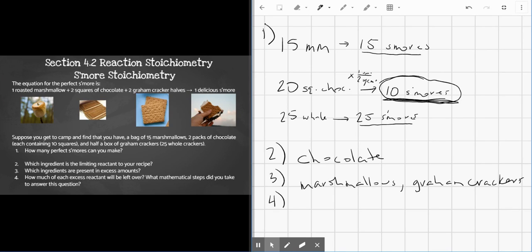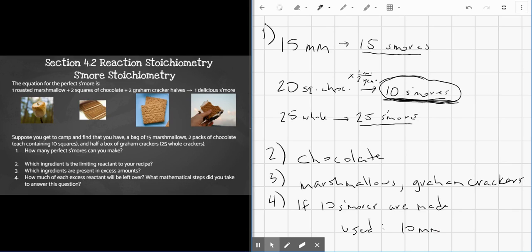So let's do that. If 10 s'mores are made, that means that I used 10 marshmallows. Let's put MM for marshmallow.